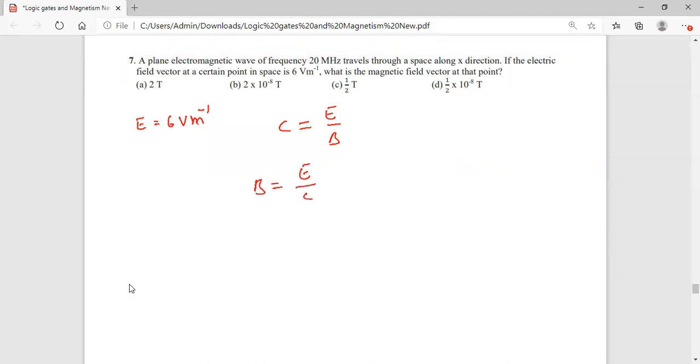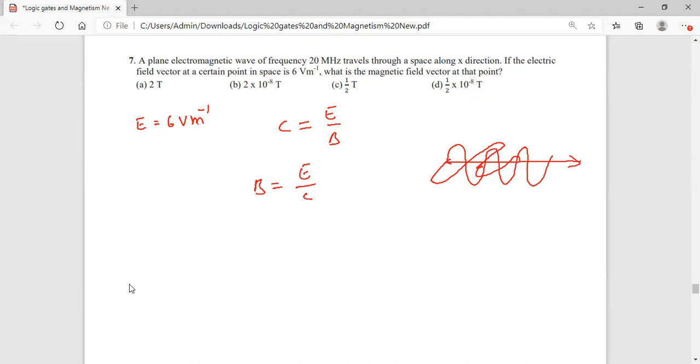Why for an electromagnetic wave C is equal to E by B? The wave will be propagated in one particular direction. Electric field is oscillating in Y direction and magnetic field is oscillating in Z direction. Therefore, the propagation direction will not be deflected. It remains the same.